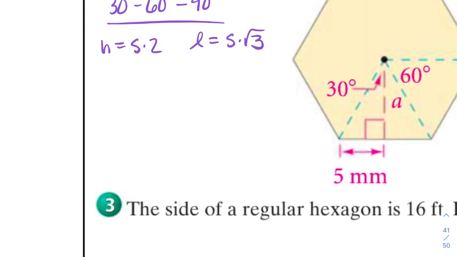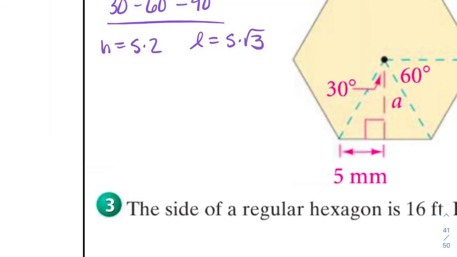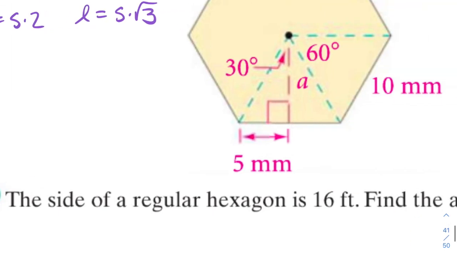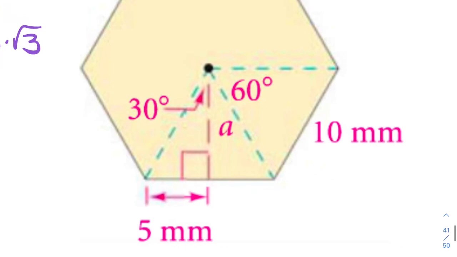So we have, let's see, the short side, which is opposite the 30-degree angle, which is 5. It's all about the short side. So H equals 5 times 2. So H equals 10 centimeters. Well, that makes sense because we have a 10. This is an equilateral triangle. So each part of that's 10. So that does make sense.